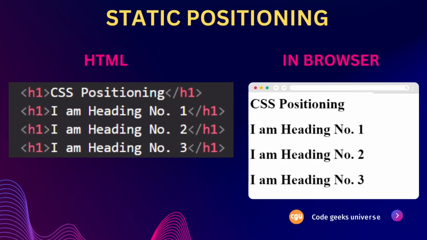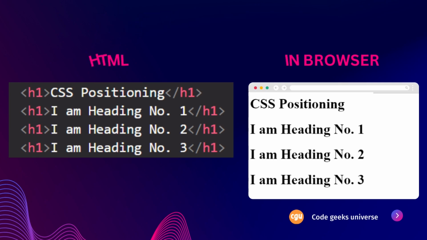The default value is static, which means elements follow the normal document flow. The normal flow of elements follows the order in which we specify them in our code. This means that elements will be displayed on the web page in the same order as they are written in our HTML code.